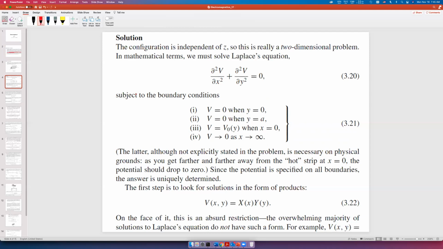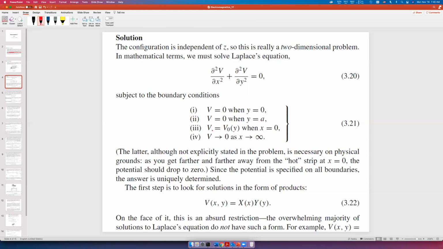Now let's express all the boundary conditions. Number one, V equals 0 when y equals 0. Number two, V equals 0 when y equals a. These are the two boundary conditions on the infinite large plates, and in the example, they are grounded, so the potential is 0.